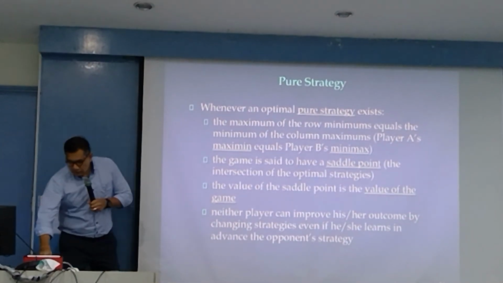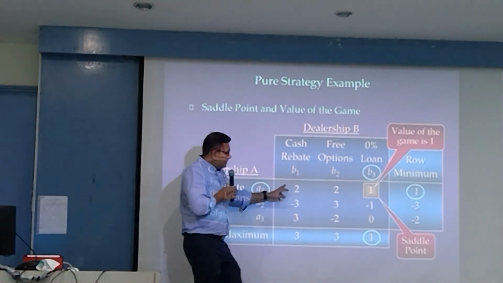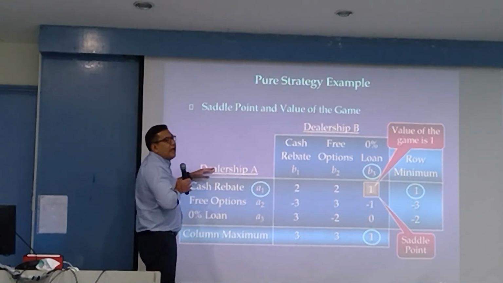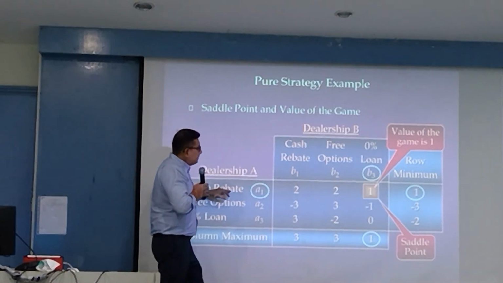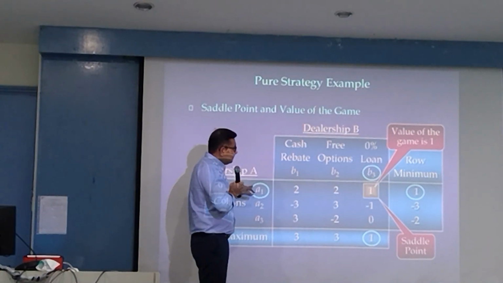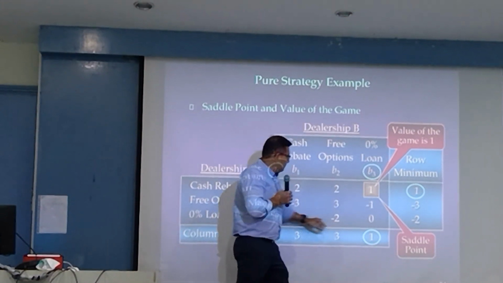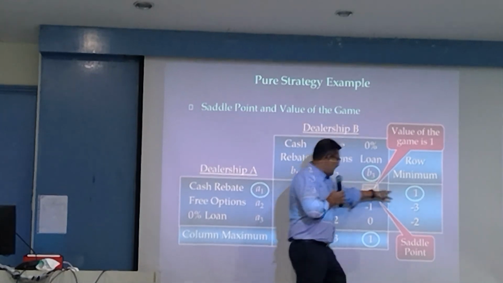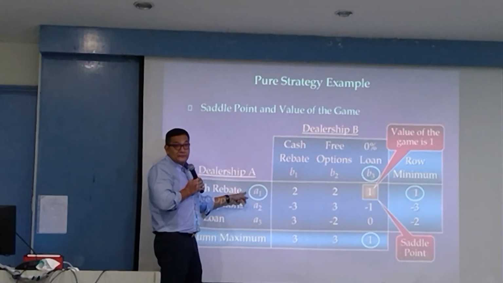For example, suppose that we change some values here. Again, consider A first. For each horizontal row, we use the concept of maximin. The minimum is 1, the minimum is -3, the minimum is -2. Comparing among them, the highest one is 1, which belongs to strategy A1.